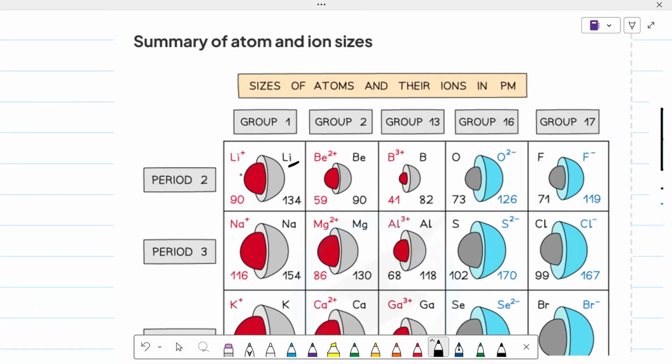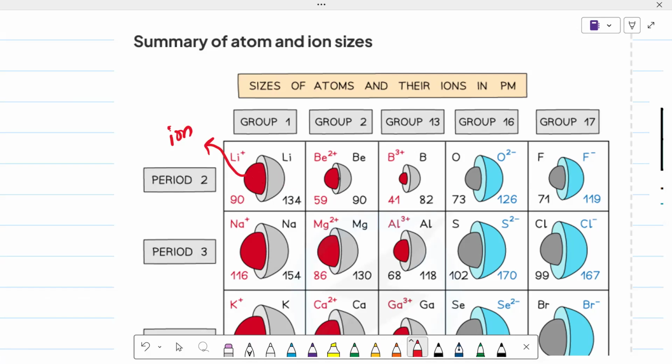It is clearly visible. Are you getting this diagram? They have shown in the same image the lithium atom as well as the lithium ion. The red one is the ion, the lithium ion. And you see its size is less as compared to the lithium atom.